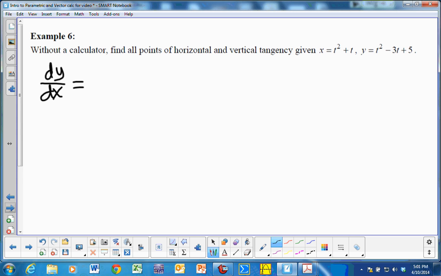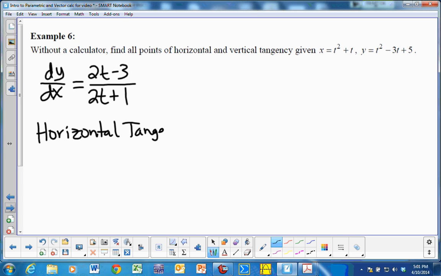So dy dx, the derivative of y is going to be 2t minus 3, and the derivative of x is 2t plus 1. So very simple. Now, if I want to find horizontal tangents, then I need to write something down for explaining what I'm doing without using a lot of words.